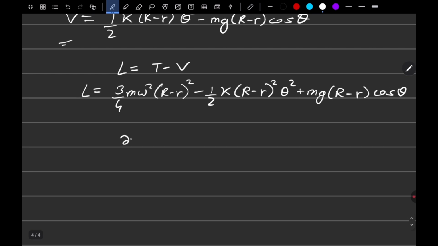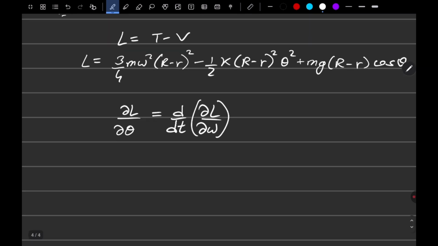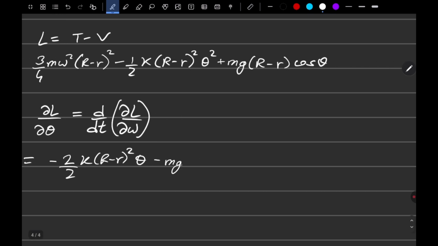From the Euler-Lagrange equation, del L by del theta is equal to d by dt of del L by del omega. Let's solve this. Del L by del theta is going to be equal to minus 2, and the 2 gets cancelled out, so we have k (R minus r) squared theta, and again a minus m g (R minus r) times sine theta.